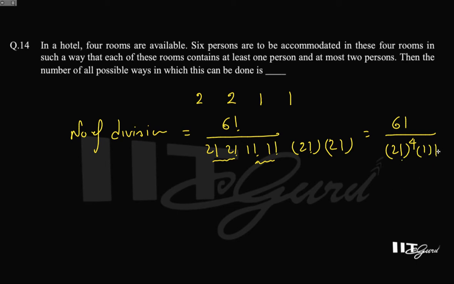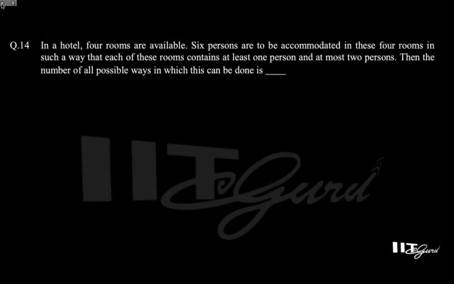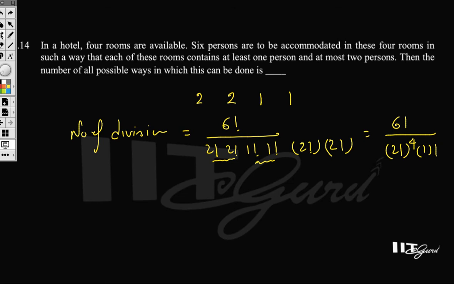So finally we have factorial 6 upon factorial 2 whole to the power 2, and factorial 1 whole square. Factorial 1 has nothing to do here, so that is factorial 6 upon 2 to the power 4 only.